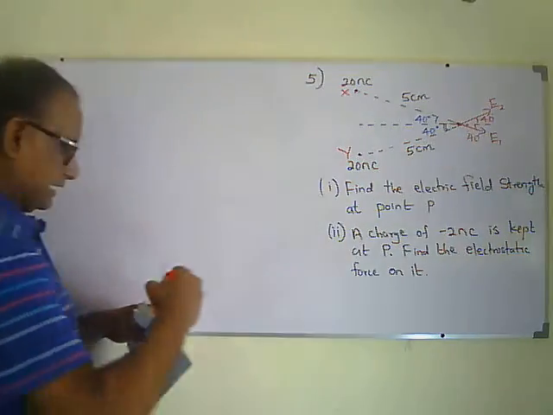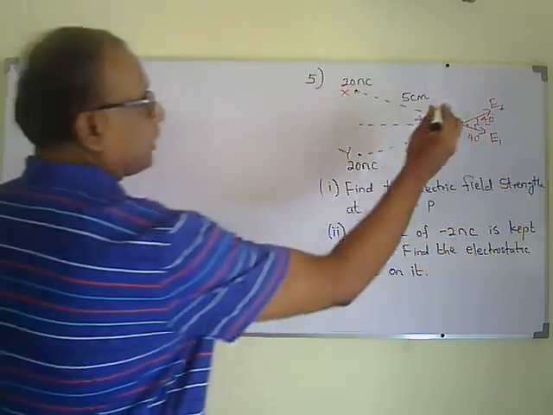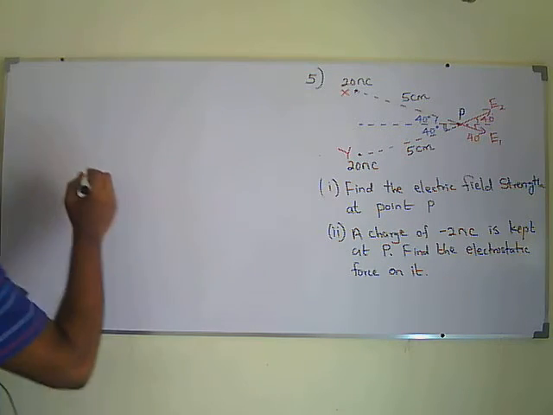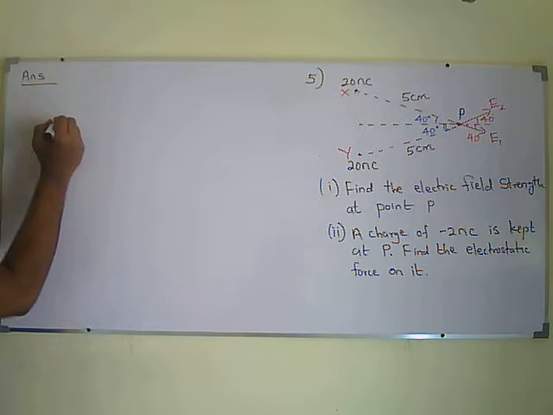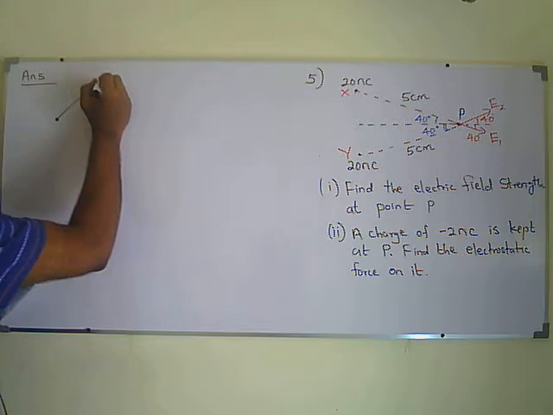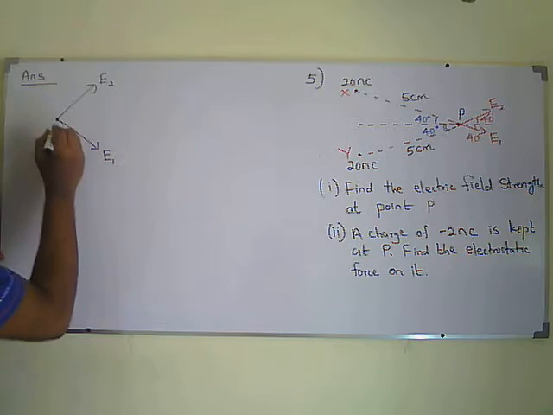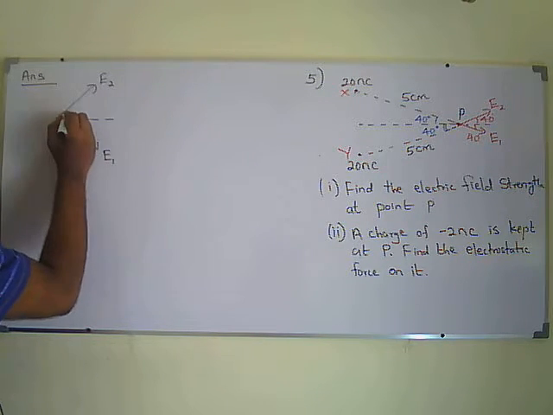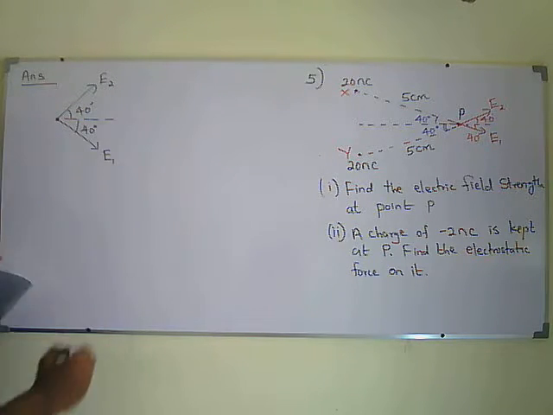So I'll draw it here again, the point P. E2 will be in this direction, E1 will be along this direction. And this is 40 degree with horizontal, this is also 40 degree with horizontal.